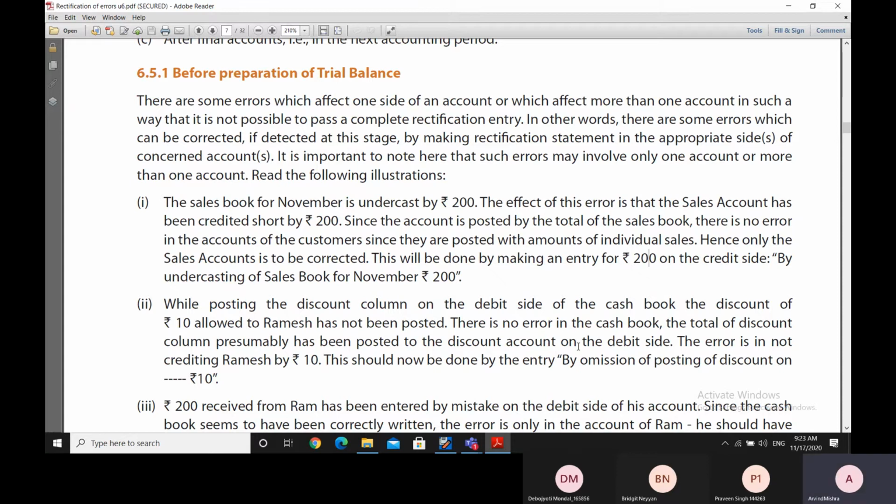So here we have allowed the discount to Ramesh, but there is no error in Ramesh's account. The error is that we have not credited Ramesh by rupees 10. We have not credited Ramesh by rupees 10, which we should have credited him by rupees 10 and debited the discount column in the cash book.